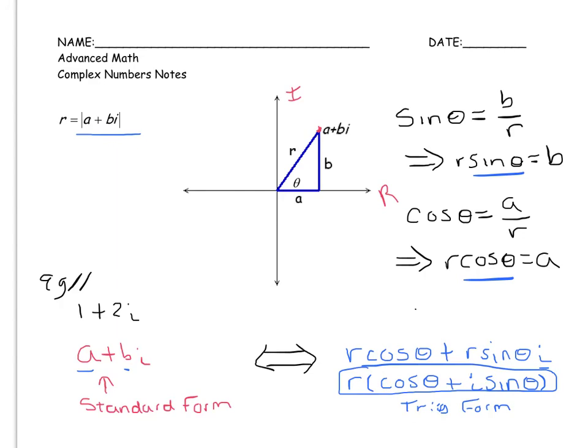I'll give you another one actually too. 0 plus 3i, which often we would just write as 3i. That's another example. And for trig form, you would see something like 3 times cosine of 20 degrees plus i times sine of 20 degrees. There's an example. Alright, so they all tend to fit that form. And again, we'll see the benefits of trig form later.